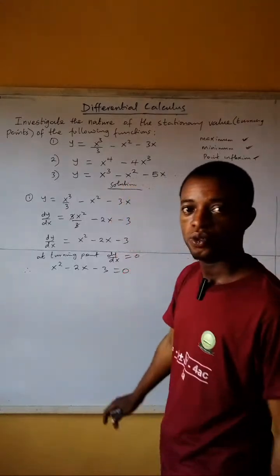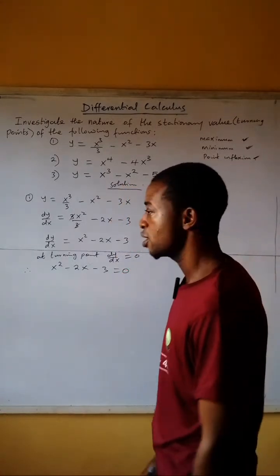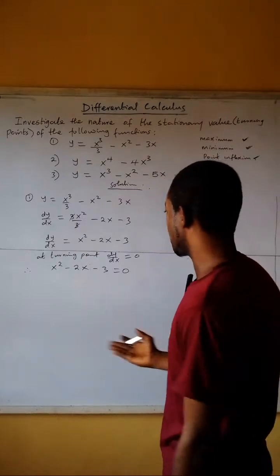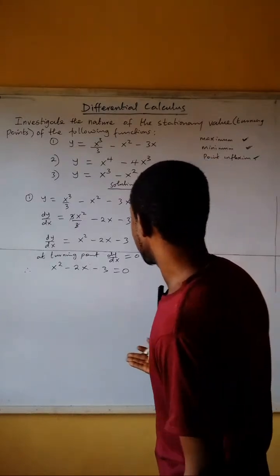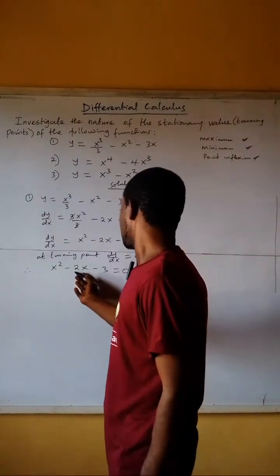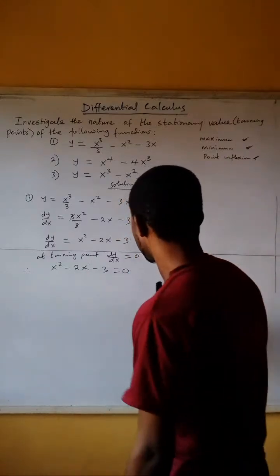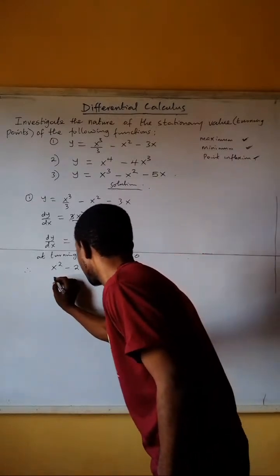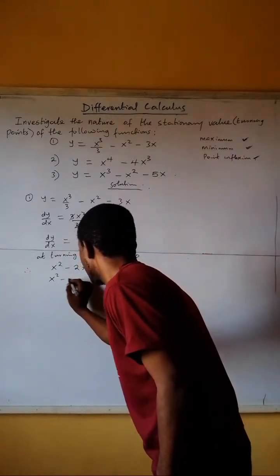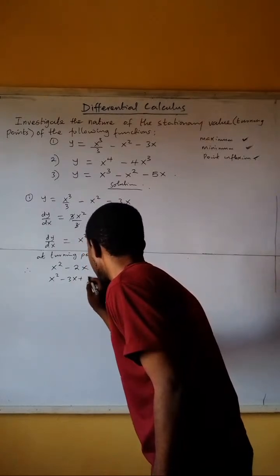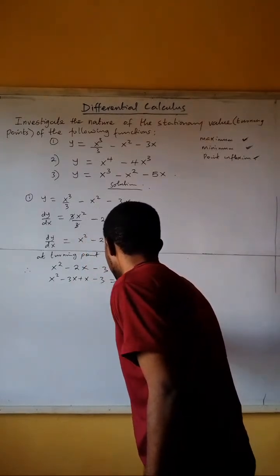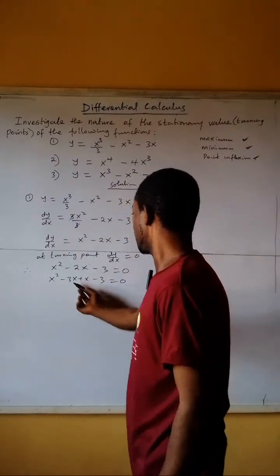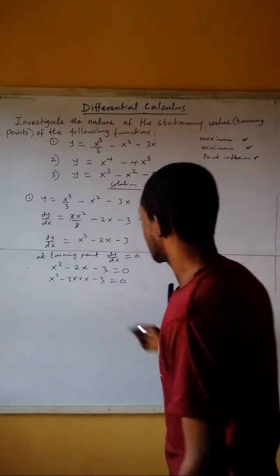Now, here we have a quadratic equation that we can solve by just factorizing. So here, what will give us minus 2 and minus 3? That will be minus 3 plus 1. So we have x² minus 3x plus x, then minus 3 equals 0. Here the middle terms give us minus 2x, and the product gives minus 3x².